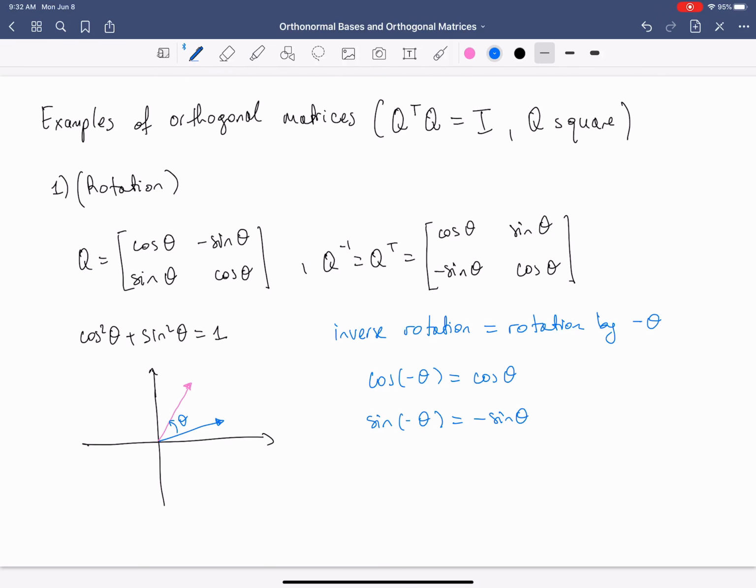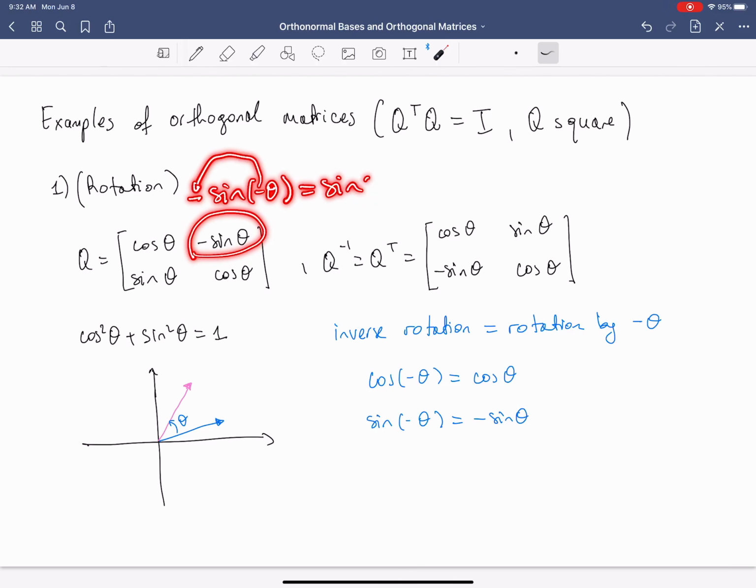So if we were to put negative theta instead of theta here, if you wrote cosine of negative theta, you would just get cosine of theta, which is exactly what we have here. But for this expression, you have minus sine of negative theta. This minus could come out front, and the minus times minus is plus.